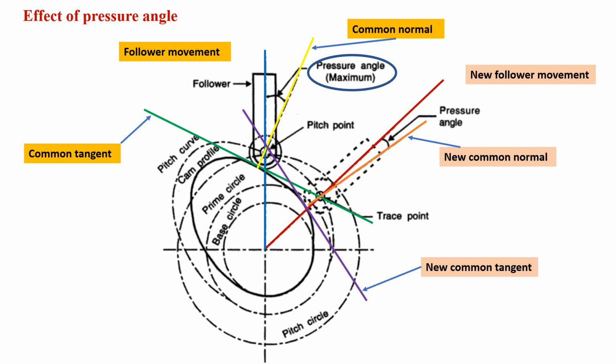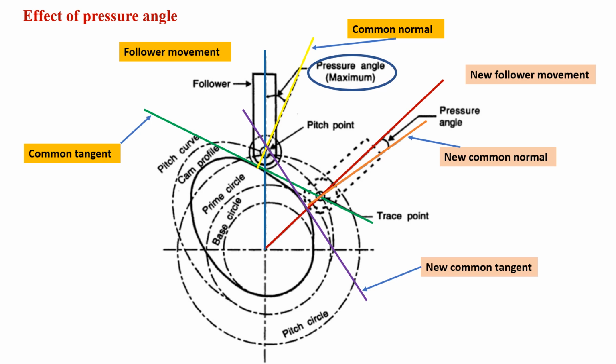After a certain while, keeping the cam stationary, the follower acquires a new position and its line of movement is along this red line. Again, we draw one more tangent line at the point of contact, which has to be a common tangent to the cam profile as well as the roller surface in contact with it. It is represented by a new common tangent shown by a purple line.